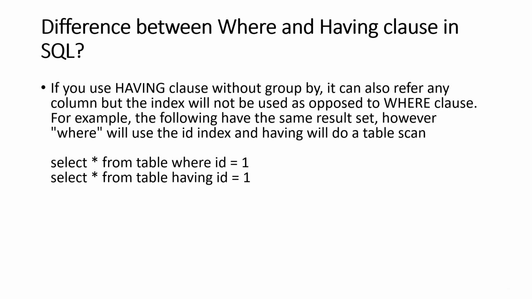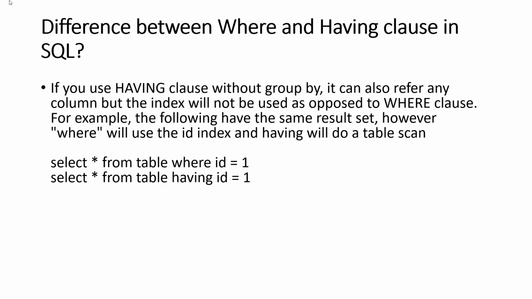If you use HAVING clause without GROUP BY, it can also refer to any column, but the index will not be used as opposed to the WHERE clause. For example, the following have the same result set. However, WHERE will use the ID index and HAVING will do a table scan. So this is the query.